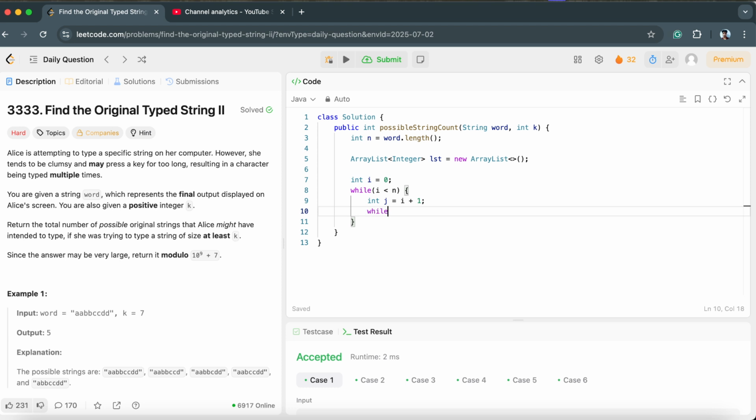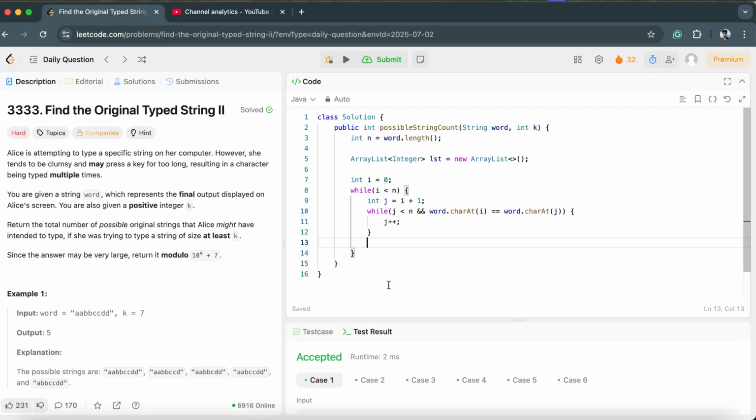While j is less than n and word dot charAt i equals word dot charAt j, we simply increment the j counter. The moment we see a different character, we simply update it into the list.